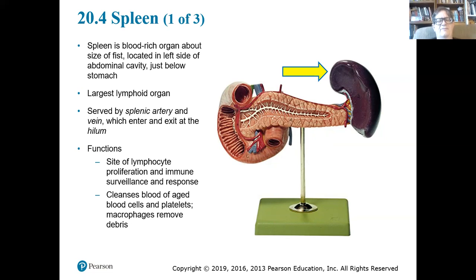There's a lymphatic function, which is making lots of lymphocytes and immune response, lymphocytes looking for problems. And then we have a totally different function for blood, and that is to remove old red blood cells that are wearing out as they get older.